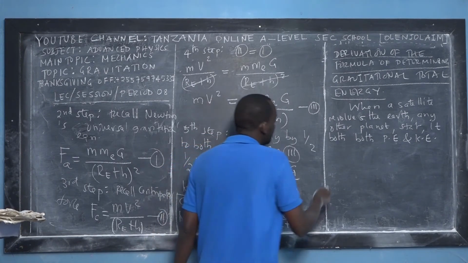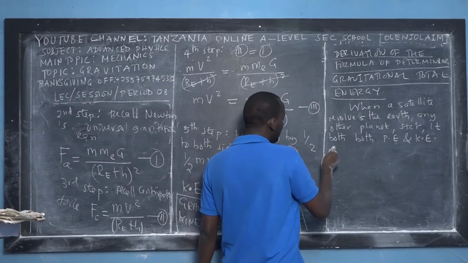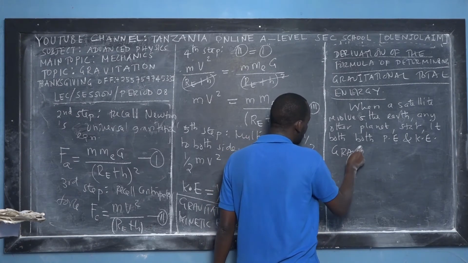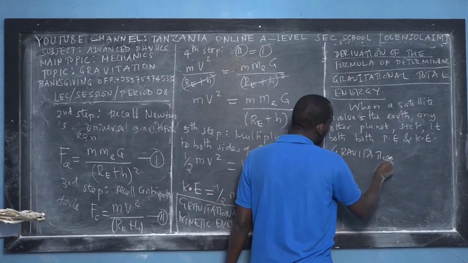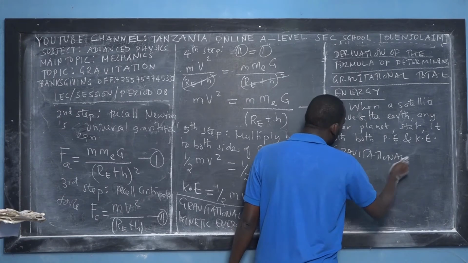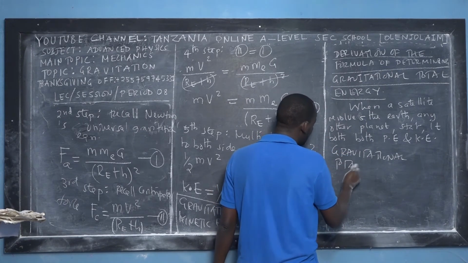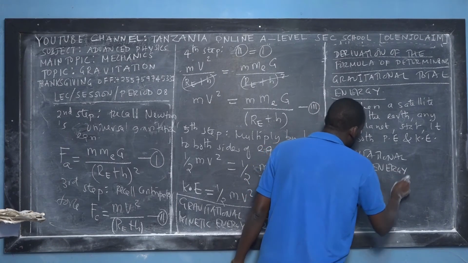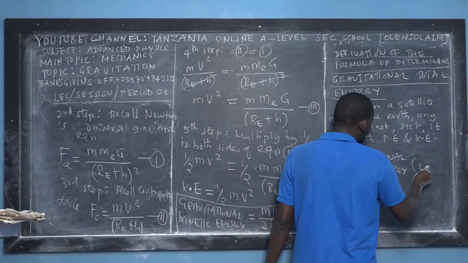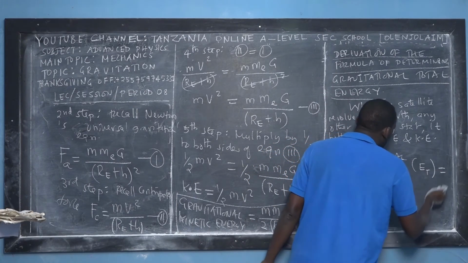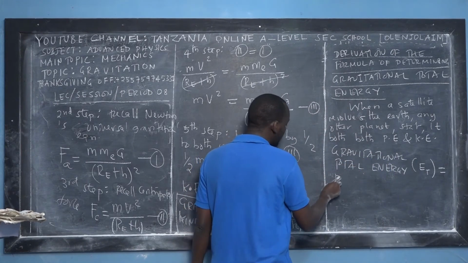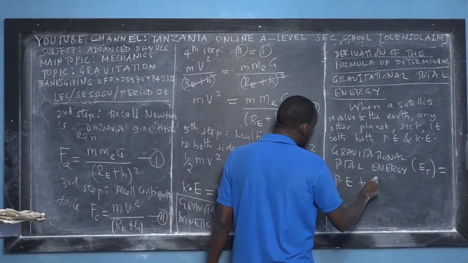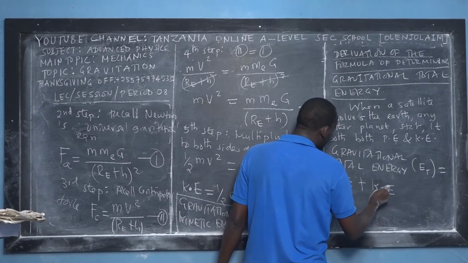So now, the gravitational total energy is given as the gravitational potential energy plus kinetic energy.